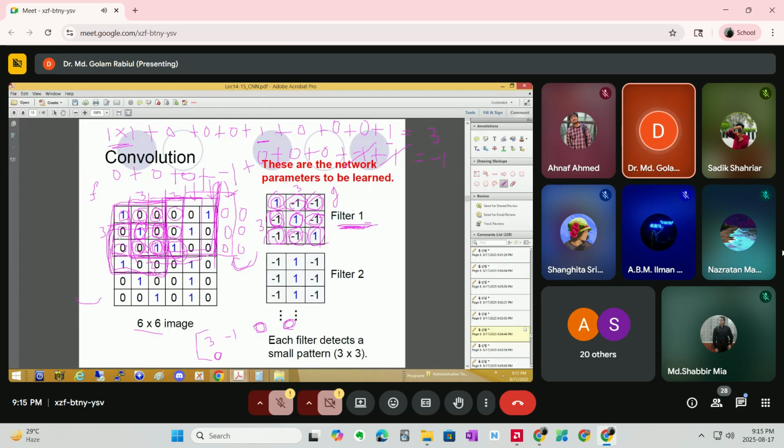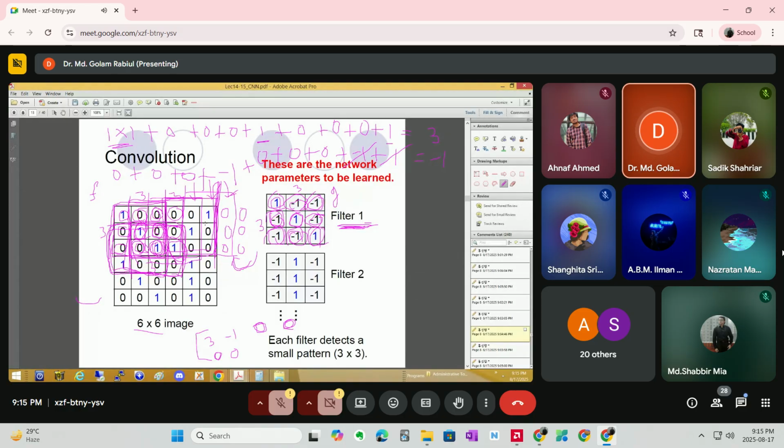And then again we have to shift to the right side, considering a stride of 1. So the next patch will be here. After applying the convolution operation, we will get some value, and again shift to the right side.